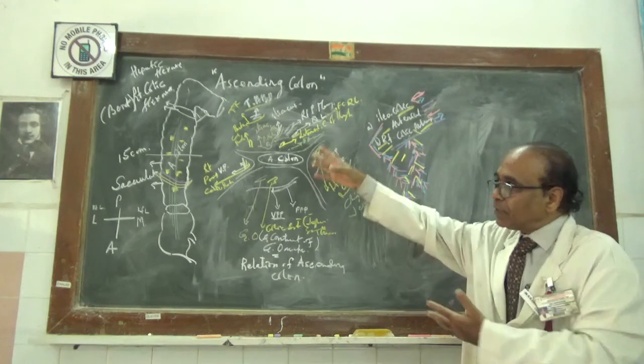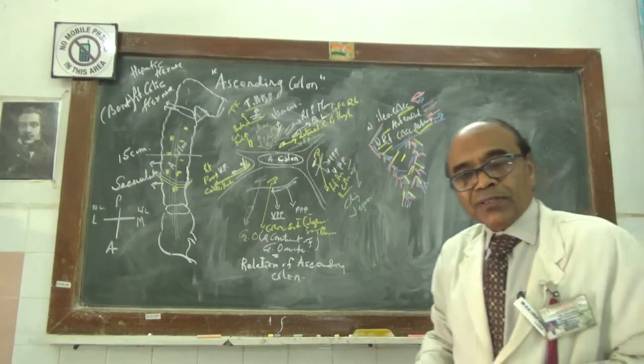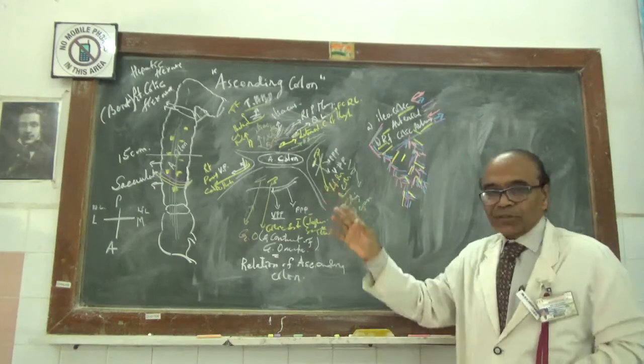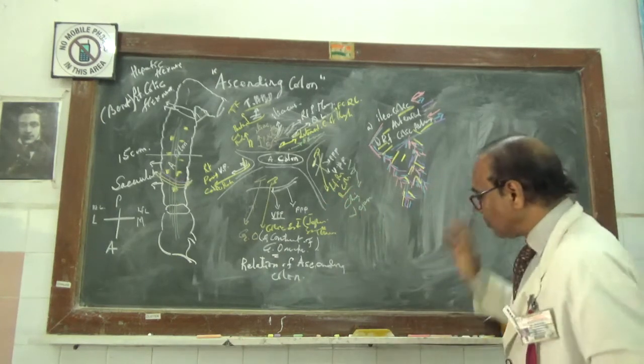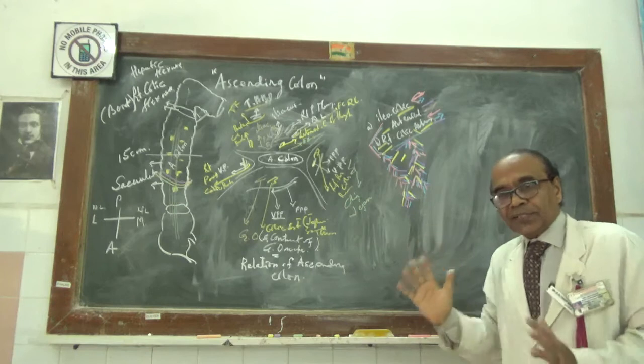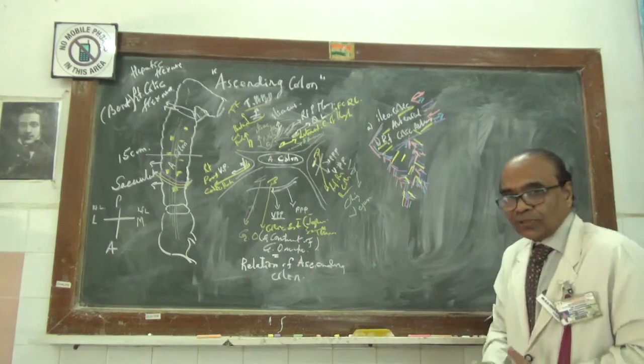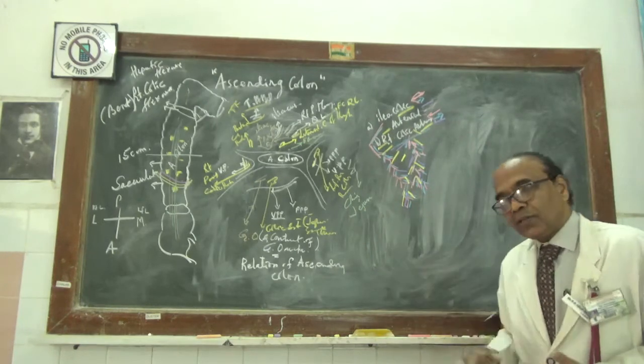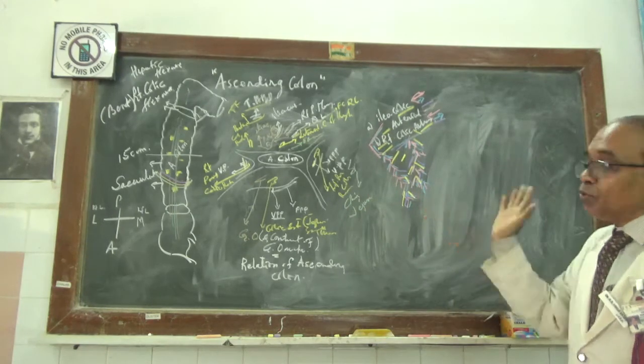They are all there throughout the colon, the same histology all throughout. So we will deal with the histology of the colon separately, not only for the cecum, the beginning of the large intestine, but along with the other parts, the abdominal part of the colon. So we will keep it aside.